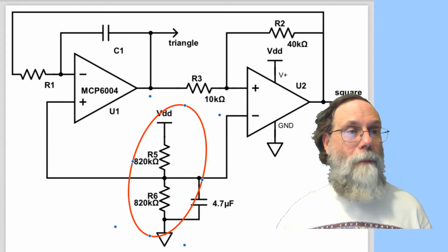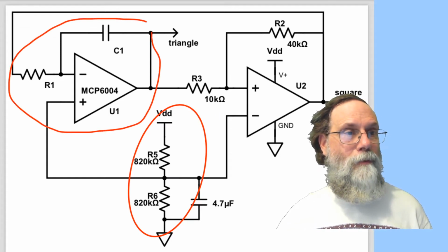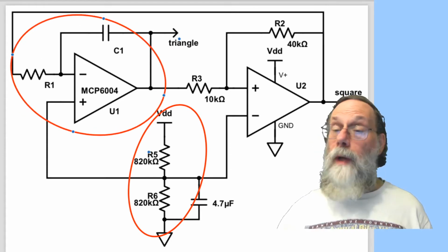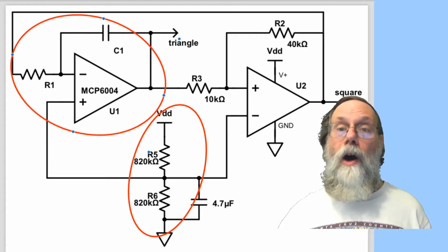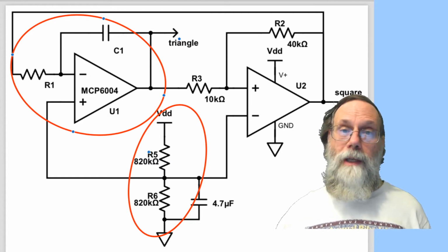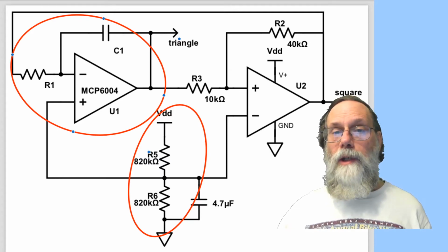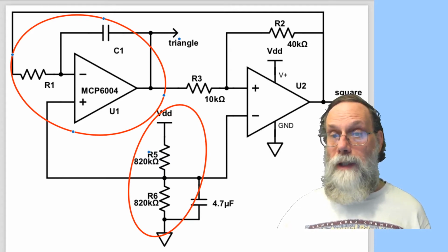Up in the upper left corner here, we have our integrator. The RC time constant of the integrator determines what the slope is going to be, because the input to the integrator, coming in over here on the left, is going to either be 0 or VDD.